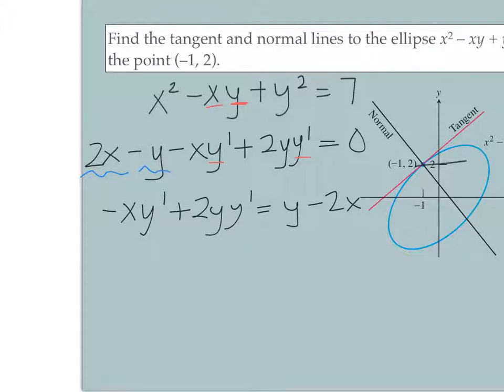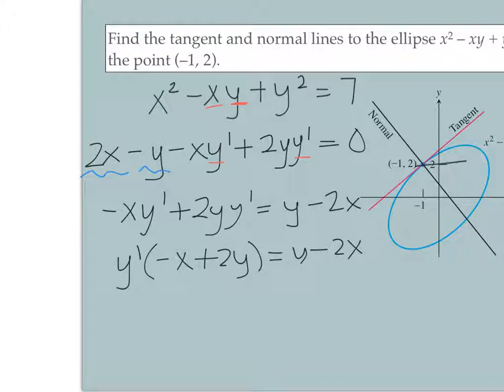Why wouldn't you divide by 2y? I can't divide by 2y because there's this negative x y prime here. It has to work for both sides. So what I do is I factor out y prime. Once I factor out y prime, what would be left in the brackets? Negative x plus 2y, equals y minus 2x.